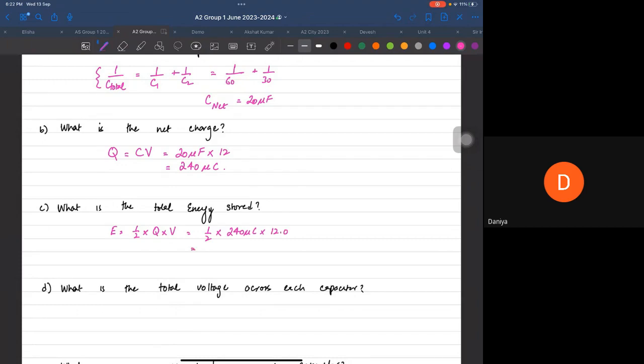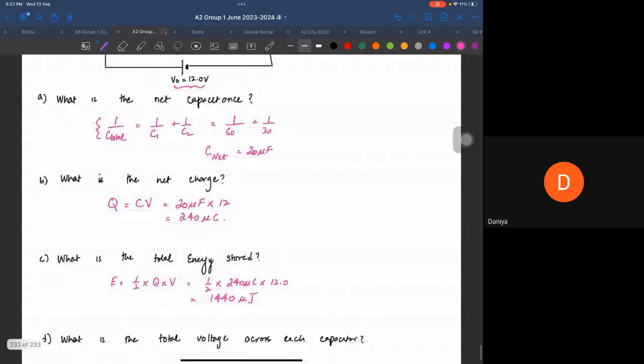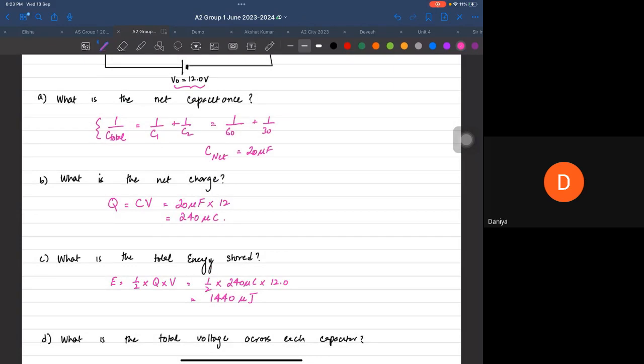When we do that, it's going to give us 40 microjoules. You might be wondering why I'm not changing micro at any point. This is to make sure that you have enough practice, because in the real exam they will also give you the same. They will ask for answers in microfarad, microcoulomb and microjoules, so you just need to practice it a bit like that. But it's not necessary to always write it like this. You can always convert it into a normal number and convert it back when it's needed.